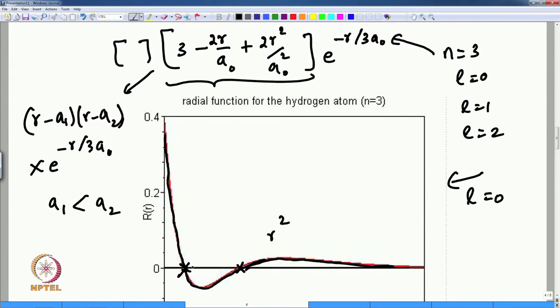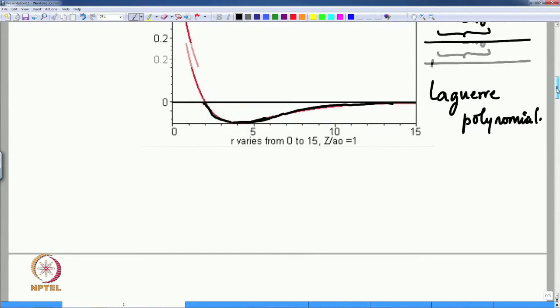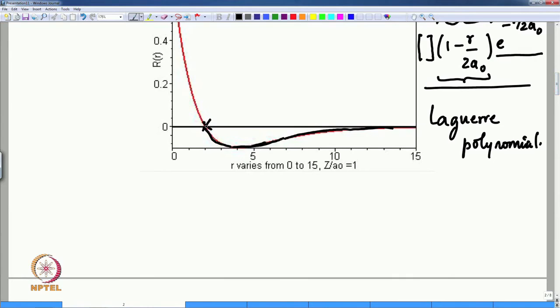Okay. So it has two roots called nodes. The previous one has one node, n equal to 2, L equal to 0.